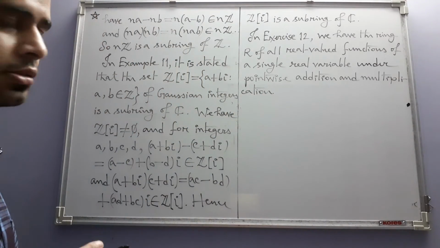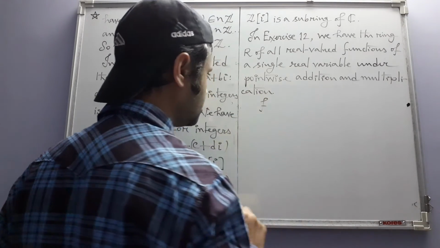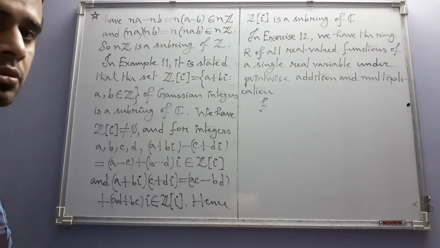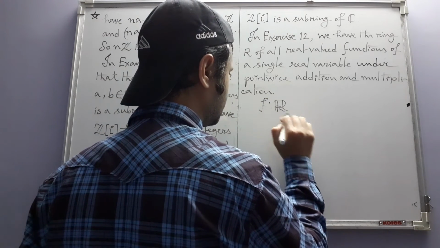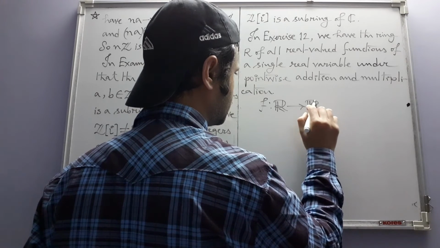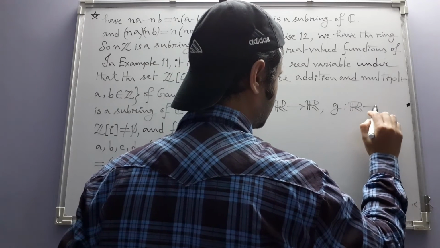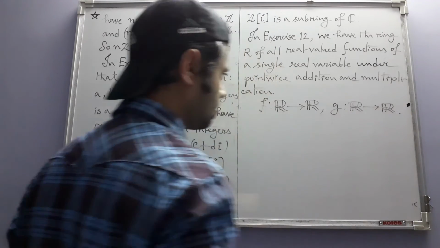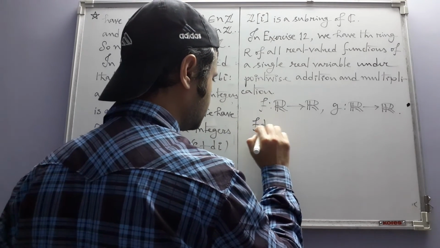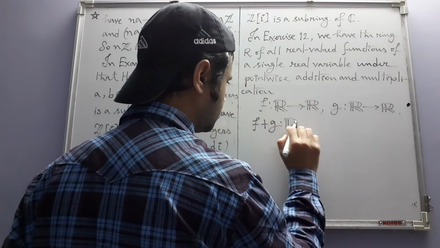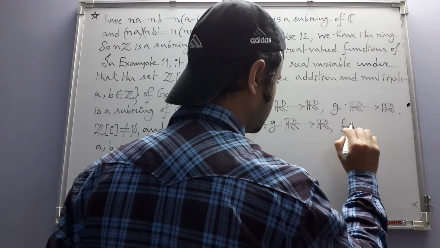What this means is this. Since the domains of these functions have not been restricted, we can consider that they are functions like this. Say f and g are two such functions. Then by their sum we mean this function f plus g, which is defined like this.